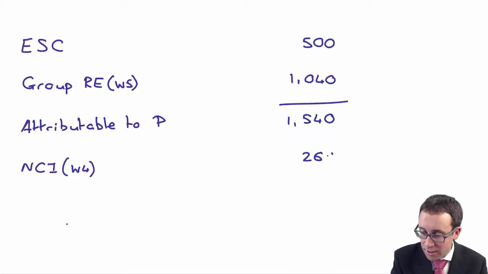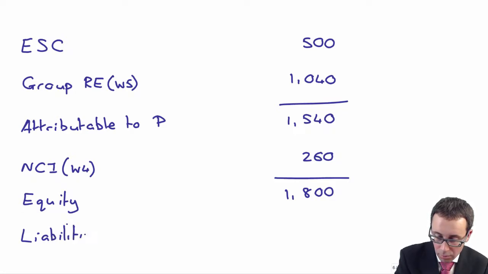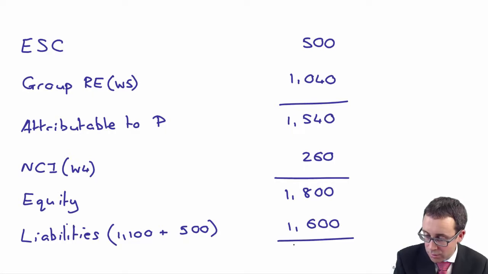So if I add 260, that gives you the equity. And the liabilities you can add across, 100 plus 500 gives me 600.